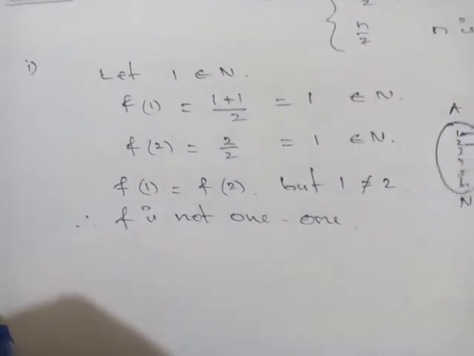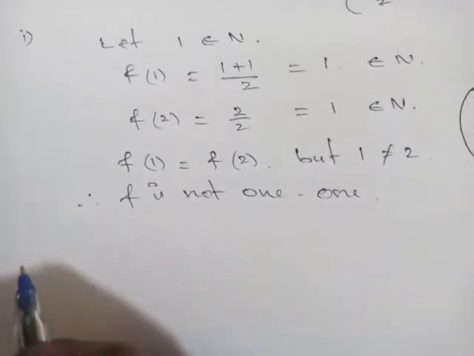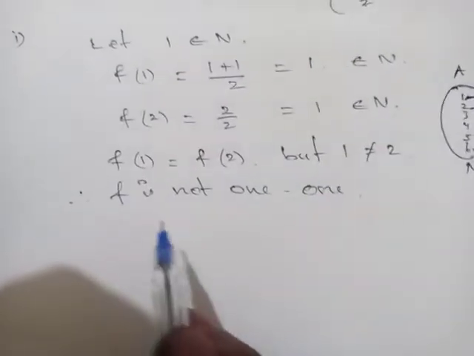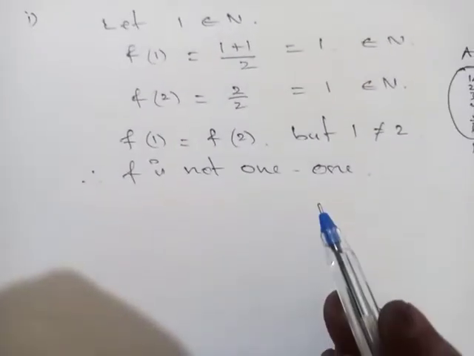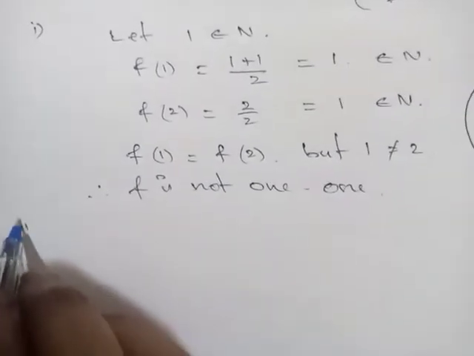Suppose they ask to prove that this is not bijective. Directly we can say this is not bijective, because the function should be 1-1 and onto, then only we can say it is bijective. Here itself we know that this is not a 1-1 function, so directly we can write it is not bijective, even though they are asking whether it is an onto function or not.